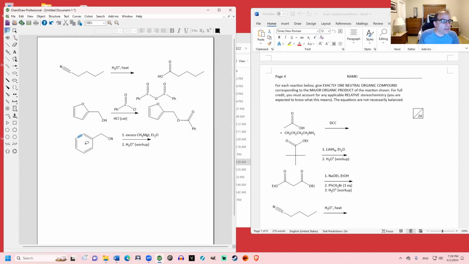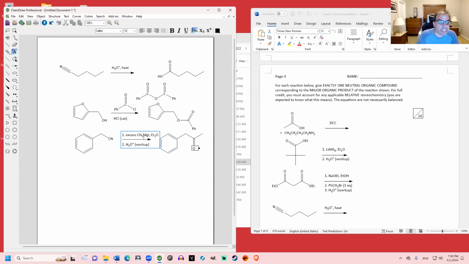And in the next one, this actually is a reaction from chapter 20, I think. So you recall that when you treat a nitrile with a Grignard reagent, you get a ketone. And the carbon that was the nitrile carbon becomes the ketone carbonyl carbon.